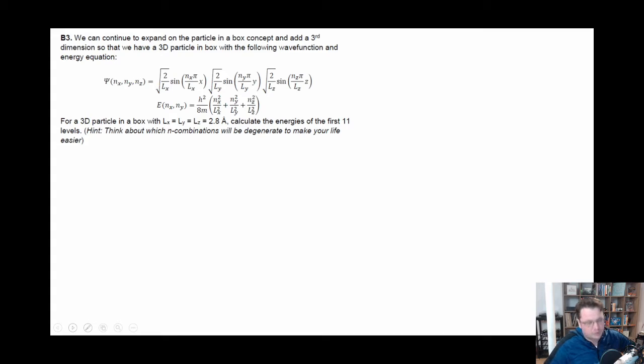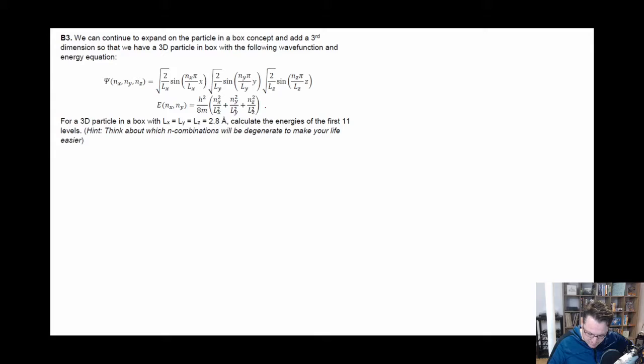I'm not gonna go through all of B3 just because it's the exact same approach that you would do for everything else. Actually, I'll just go through one thing. In this case, I'm only asking for calculating the energy of the first 11 levels.